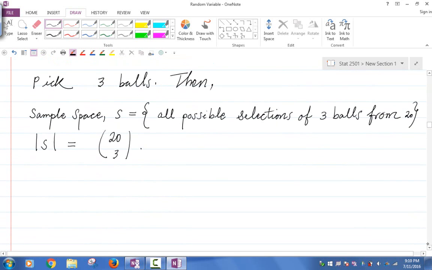So now let's try to answer the question. In order to answer the question, I'm going to start by defining a random variable. So let's take X, and X denotes the largest number selected.